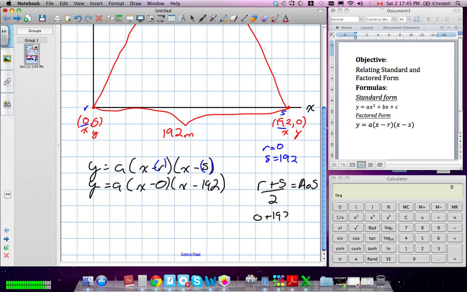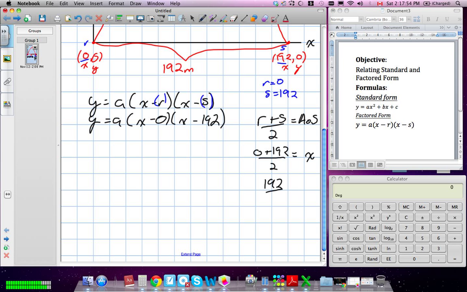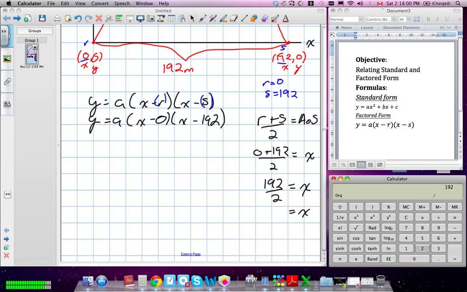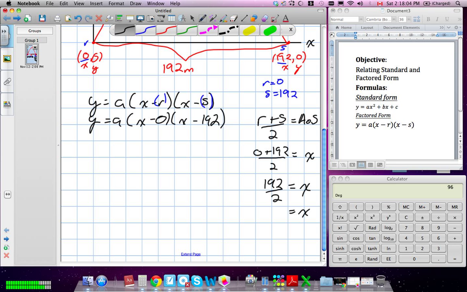We get 192 divided by 2 is our x value. What'd you get? 96. Great. So we know the vertex, or the highest point of this, is now at 96 and 192.